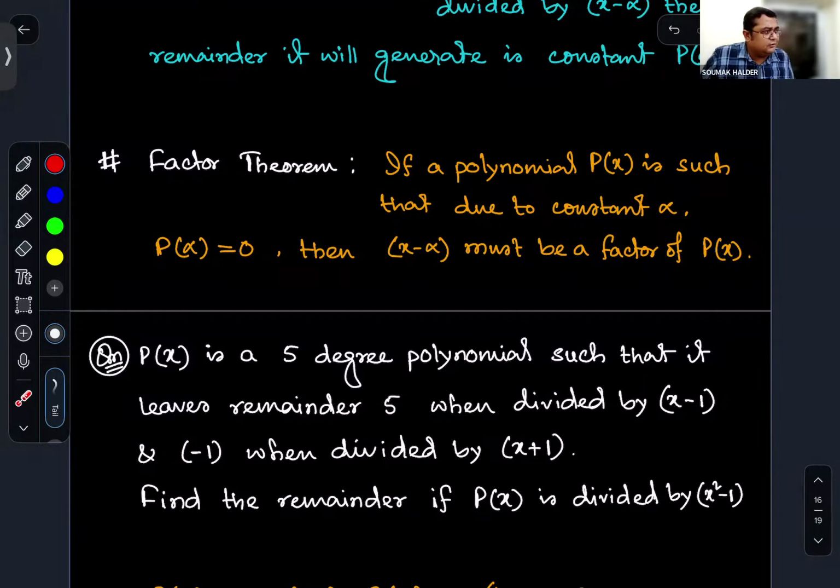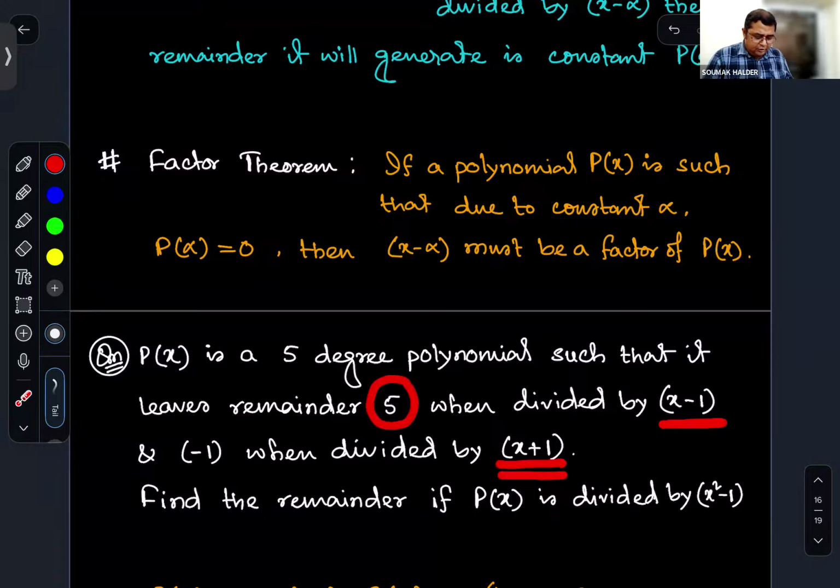But এটা দিয়ে আমরা px তো directly identify কিছু করতে পারছি না. But we can definitely correlate it through the remainder theorem. Remainder theorem কি বলছে, যে কোনো polynomial p of x কে যদি x minus alpha দিয়ে divide করো, the remainder is supposed to be p of alpha. তার মানে p of x এ x এর জায়গায় 1 বসালে তুমি যে ভ্যালুটা পাও that is 5 বা p of 1 is 5 বলতে পারি.